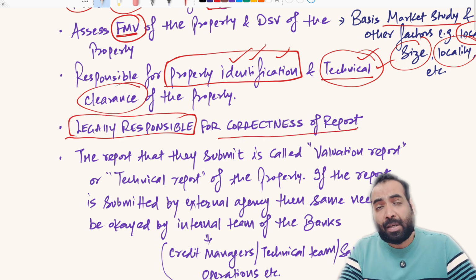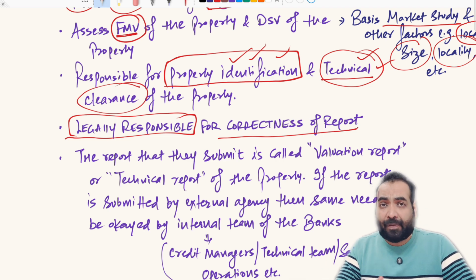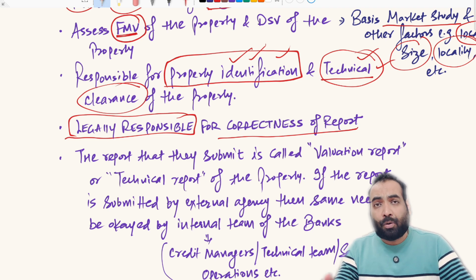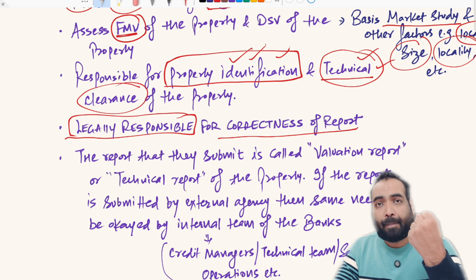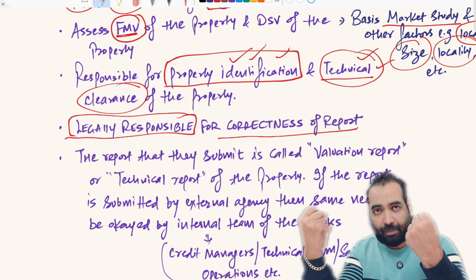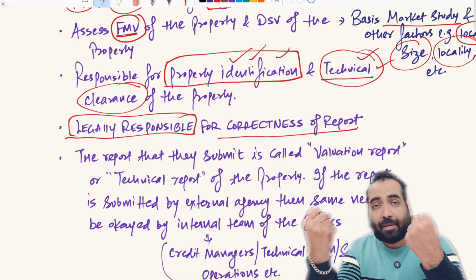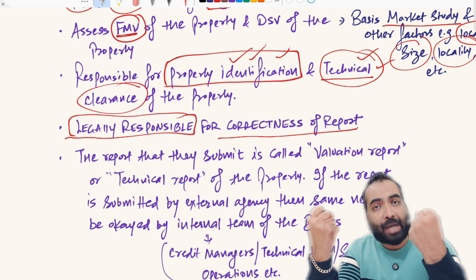So for example, they have submitted a clean report, and a few years later the default comes in the loan. The bank files a fraud case against the borrower, and in the court the borrower says that I have mortgaged the X property, but the bank was thinking that they have the Y property, and they see the valuation report was given for the Y property, but the documents were given for the X property.